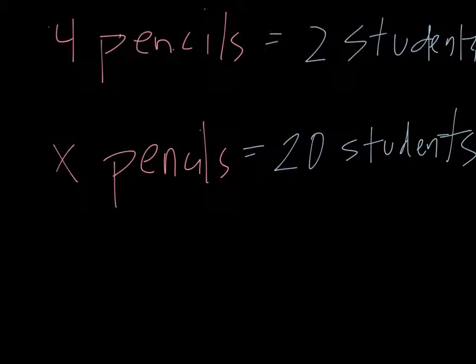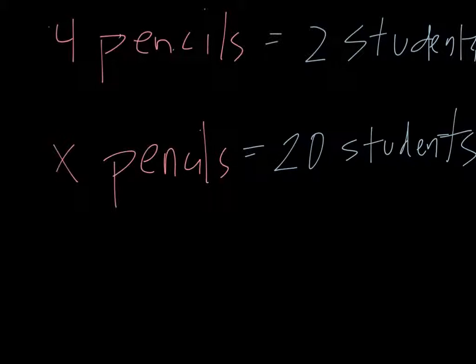Okay, guys, so we've got our next example here. It's a little bit more challenging than our previous examples, but I know you guys can do it. All right, so here, if you have 2 students in the class, you need at least 4 pencils for those 2 students. That's my thinking anyway. So if our class suddenly got much bigger and we went from 2 students to 20 students, how many pencils do we need?